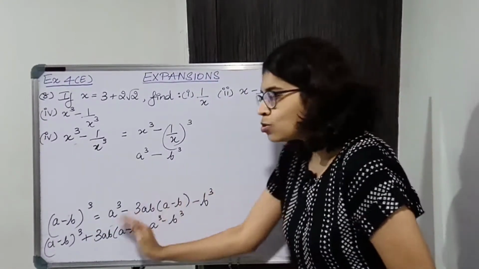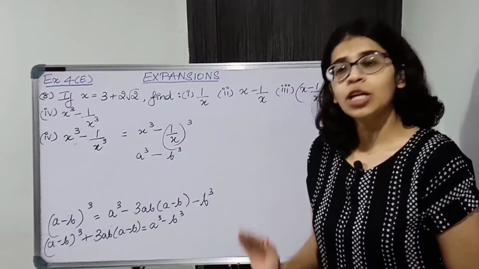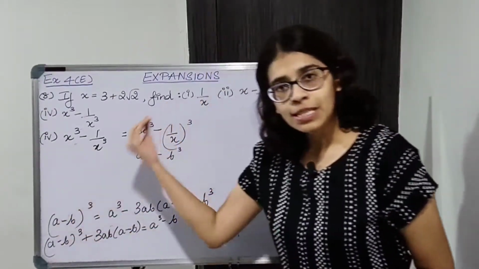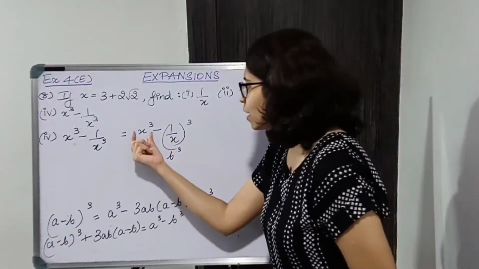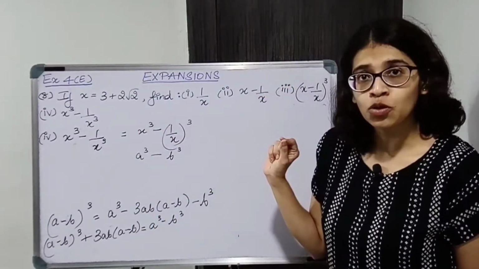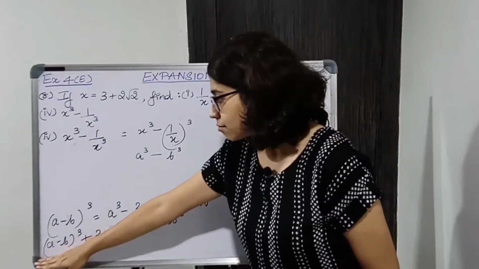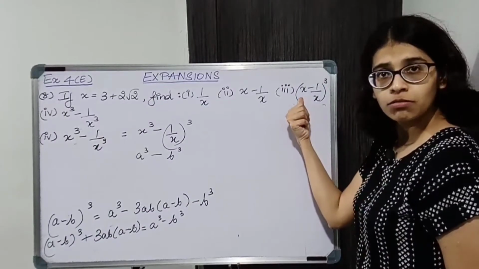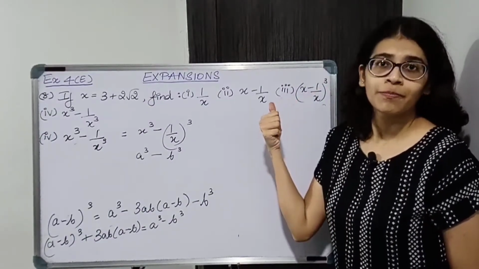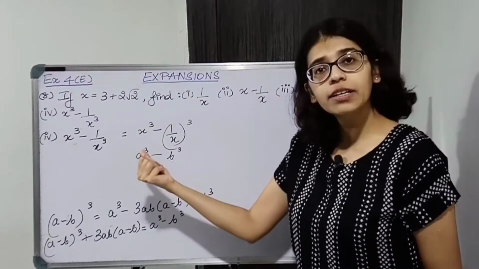Now why am I using this formula? Because in place of a there is x, in place of b there is 1 upon x. I need to find the value of x cube minus 1 upon x cube, and for that I'll use this x minus 1 upon x the whole cube, which we found in the third part. So that will be useful over here.